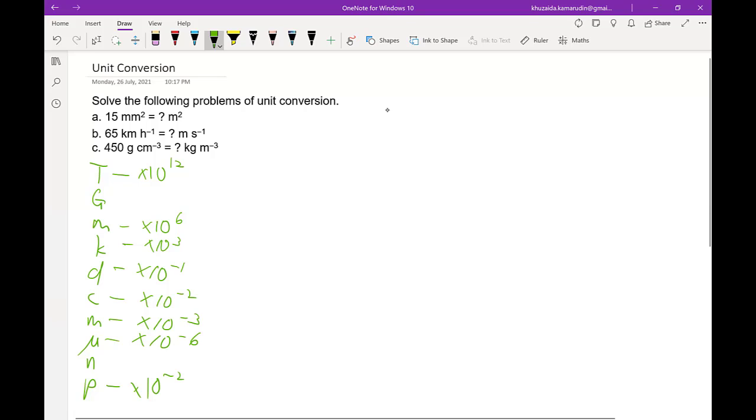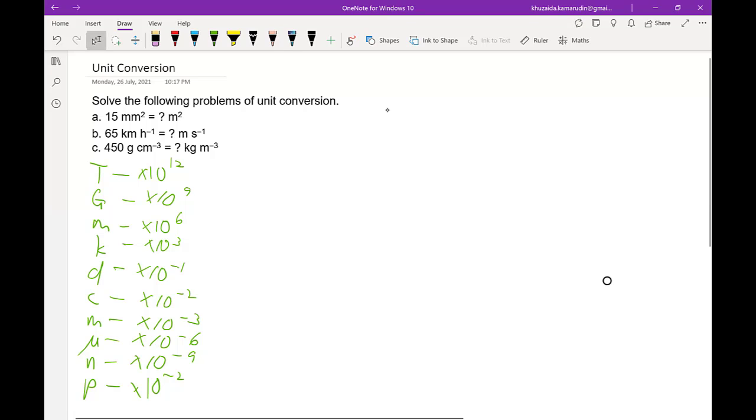These are the ones we use a lot. So you can just fill in here giga times 10 to power of 9, and nano times 10 to power of negative 9. Make sure you memorize this prefix, from tera, giga, mega, kilo, deci, centi, milli, micro, nano, pico.